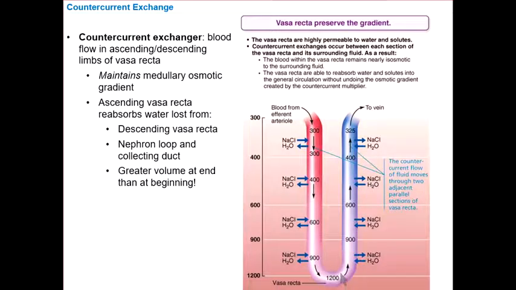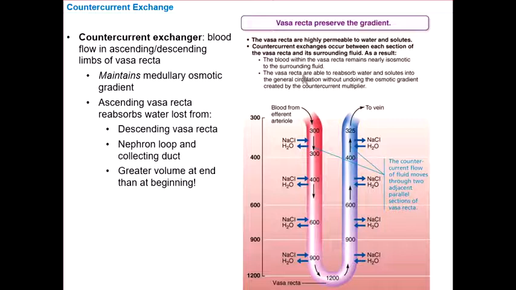We can see water then entering and sodium then leaving, so by the time we get to the vein, we're close to that 300 milliosmoles again. So the blood in the vasorecta remains nearly isoosmotic, same osmolarity as the surrounding fluid.